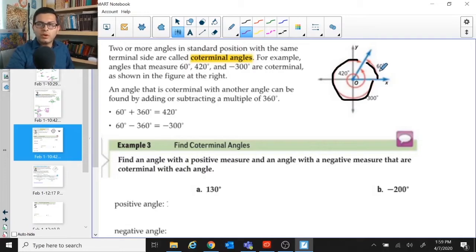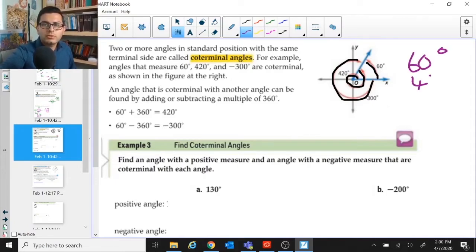So those are coterminal. Or it can go all the way around the circle and then a little bit further for 420 degrees. So in this case, 60 degrees, 420 degrees, and negative 300 degrees are all coterminal angles.